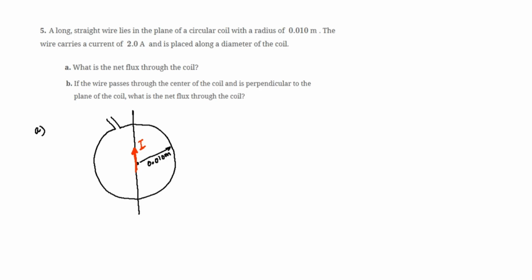Well, if you use the right-hand rule, and you just put your thumb in the direction of the current, and you try to wrap your fingers around the wire, you will see that the magnetic field to the left of the wire is leaving the plane, for this direction of the current that we are assuming.